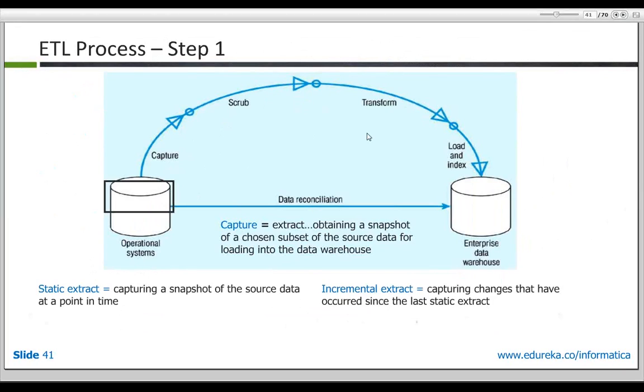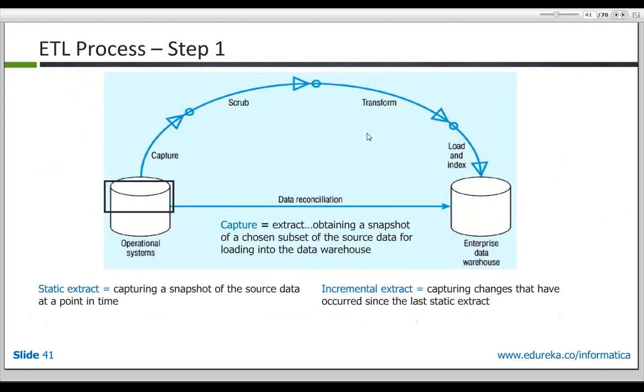If any data needs to be changed, you do that transformation there, and eventually you load the data. There could be other data reconciliation methodologies which a particular organization may be following, so that at the end they can rest assured that whatever information is loaded is complete and correct.